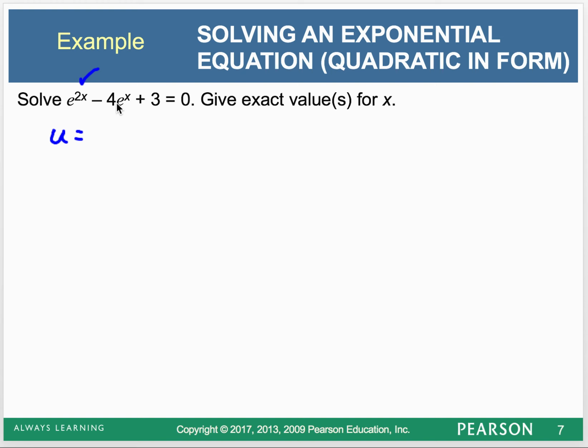We replace this whole variable term, not the numeral, just the variable part, with u. That automatically means that u squared is e to the x squared, or e to the 2x, right? E to the x squared, you multiply, e to the 2x.